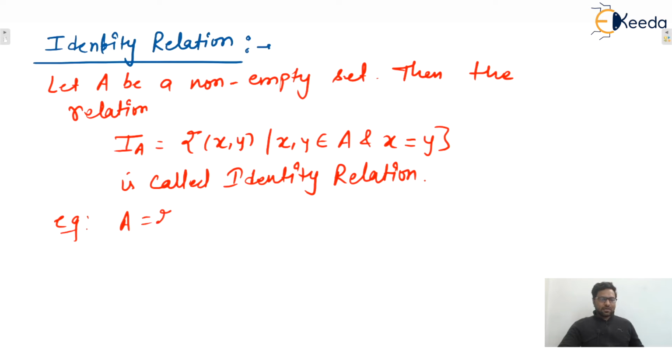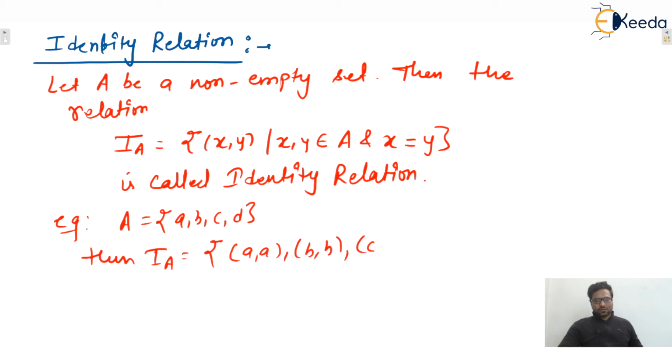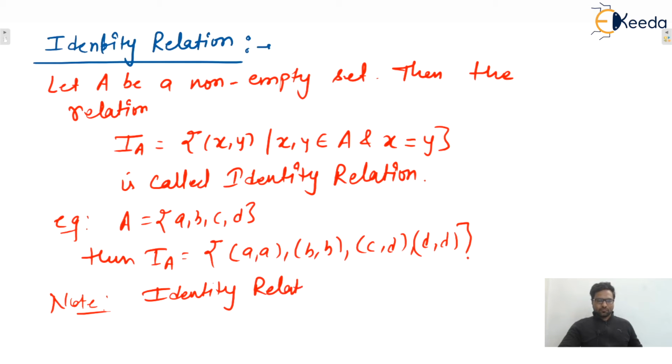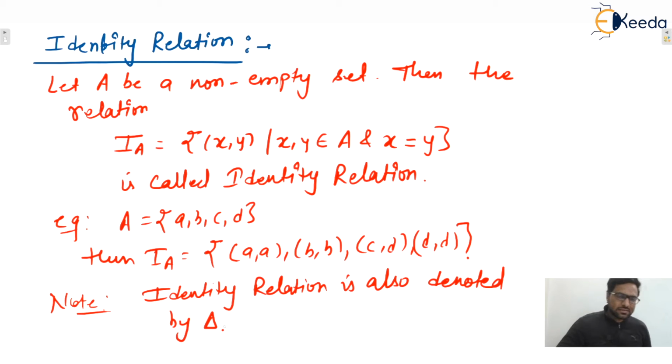Let's say A is given as a, b, c, d. Then the identity relation on A will be a comma a, b comma b, c comma c, and d comma d, isn't it? Sometimes it is also denoted by delta.